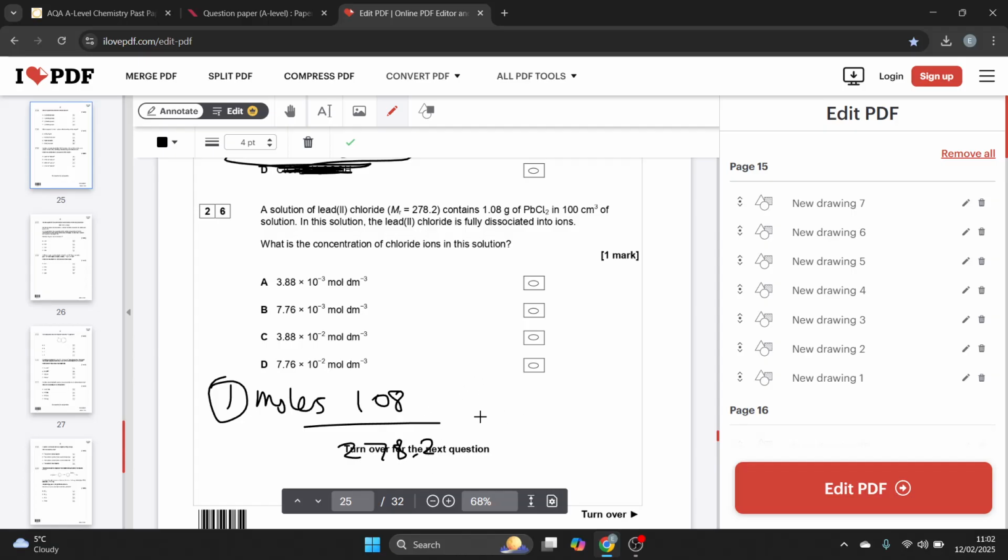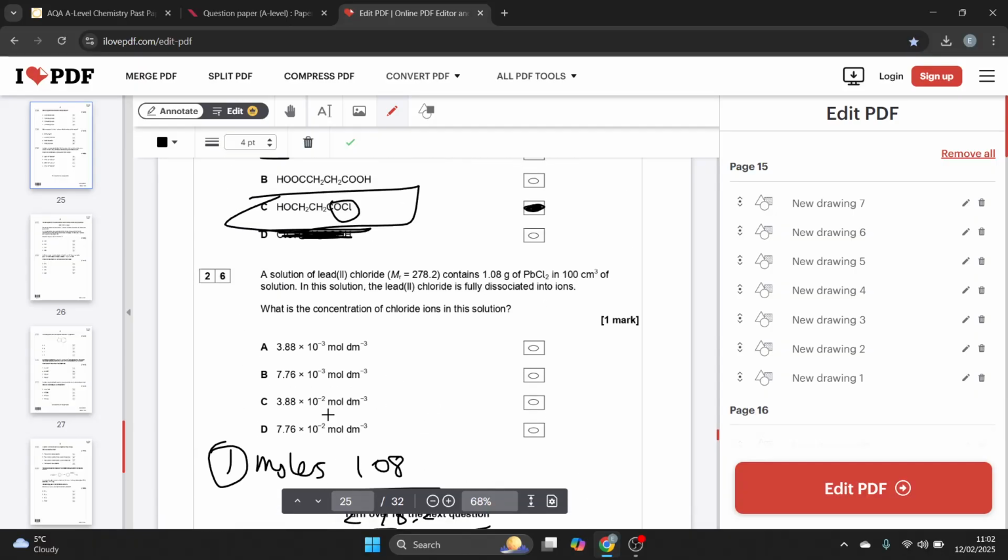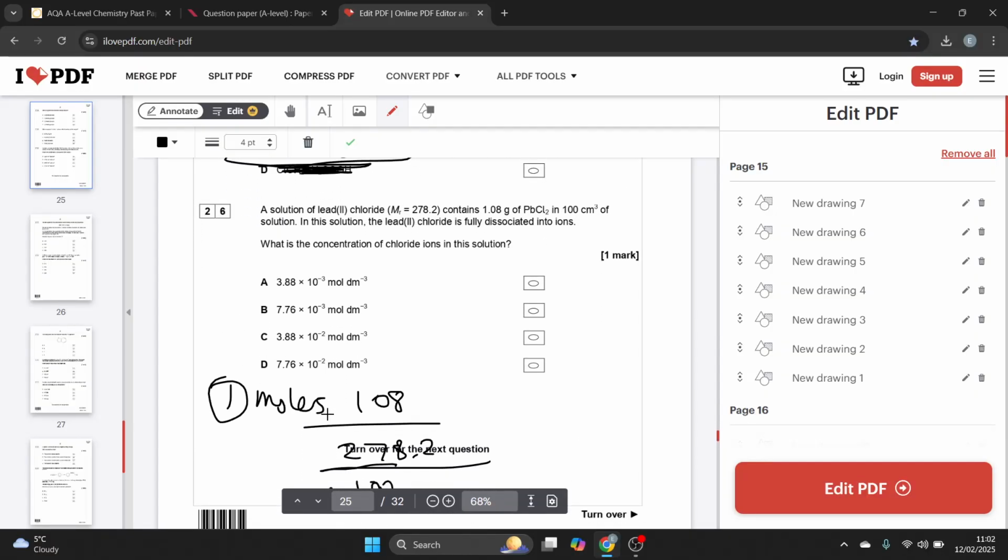Concentration is the moles divided by the volume, which is 100 cm cubed divided by 1,000, 0.100. That will give me the concentration. 1.08 divided by 278.2 divided by 0.100. 3.88 times 10 to the power minus 4.